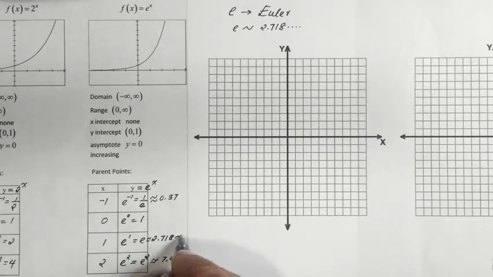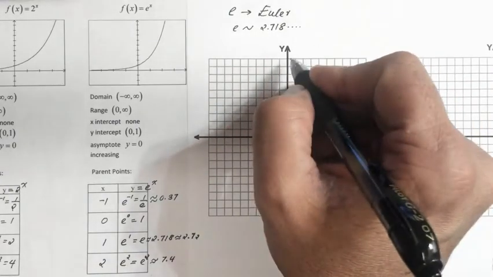You can just round it to 1 decimal place, which is 2.72, or it doesn't matter. Okay, let's plot these points to look at the graph.